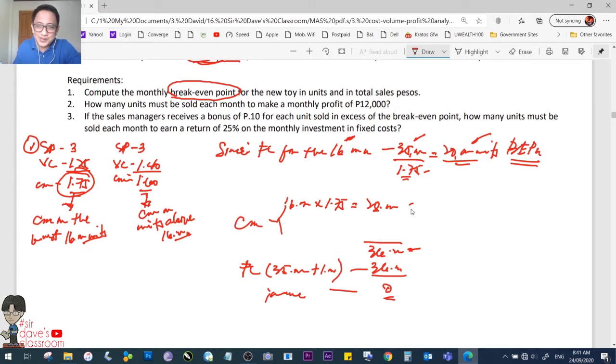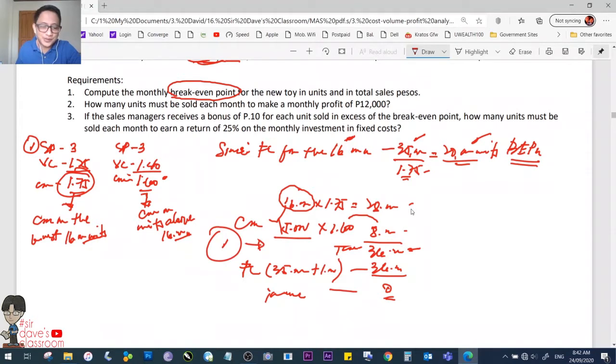So, kung 36 yung ating total CM, ibig sabihin, there is this certain 8,000 portion that is over and above the 16,000 units. That each of it would give you 1.6. Lumalabas, 5,000 units therefore ito. Okay? 8,000 divided by 1.60 would be 5,000 units. So, to break even and to satisfy requirement number 1, our final answer should be 21,000 units. Ito yung final answer natin.